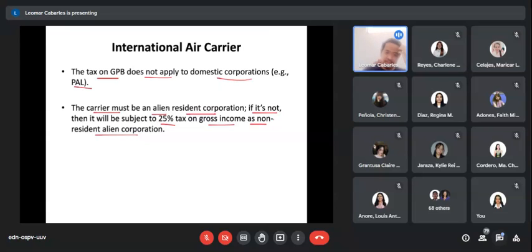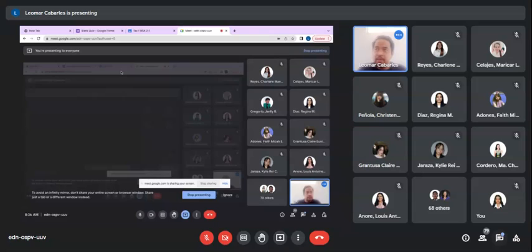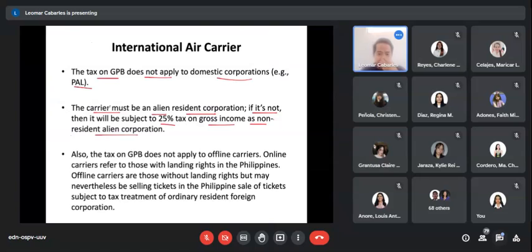So what we're discussing, tandaan, ulitin ko, ang GPB ay para sa resident foreign corp. Taxation on GPB does not apply to non-resident foreign corp. Okay? Kaya naman, ang GPB, hindi siya applicable sa mga offline carriers.